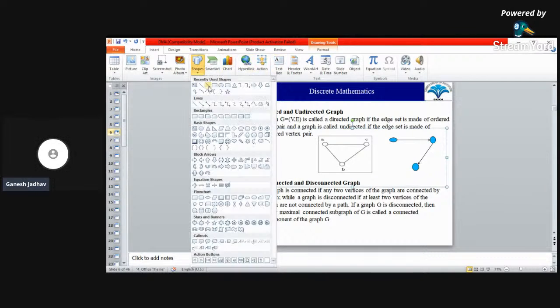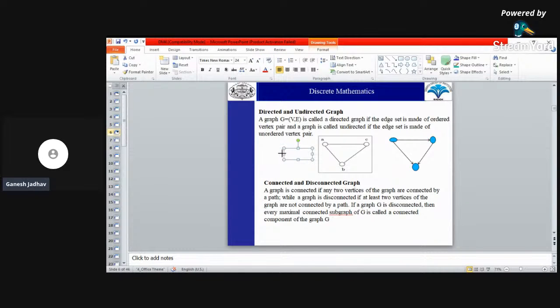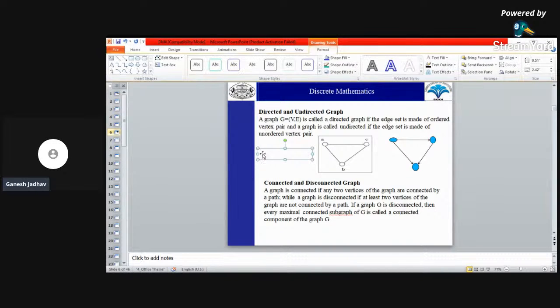This is an undirected graph, and this is a directed graph. Get it now?